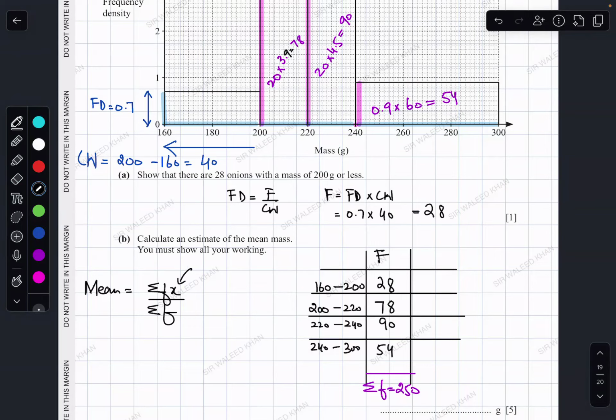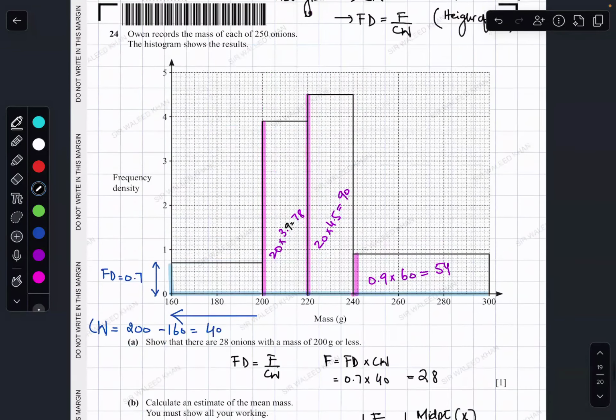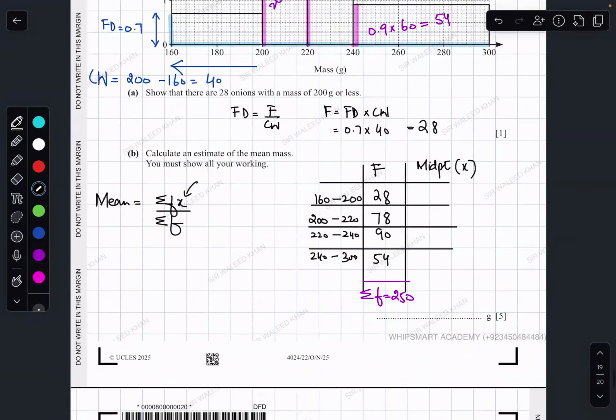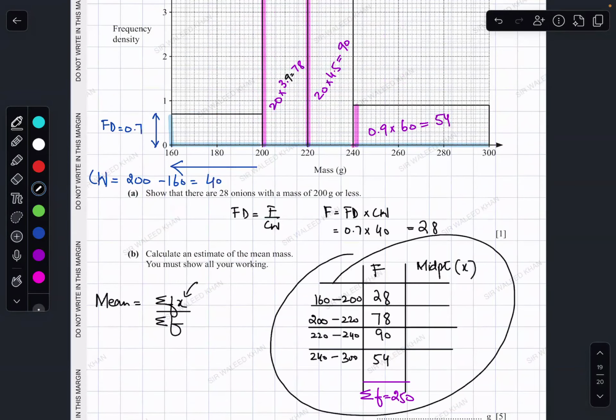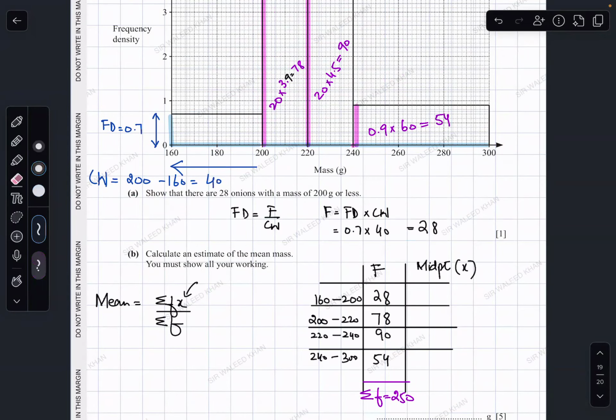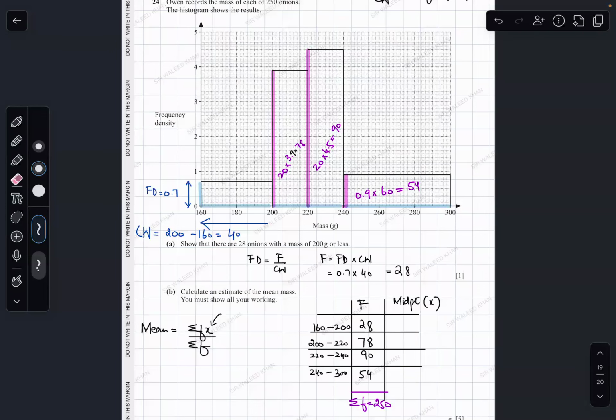Sir, we will find the midpoint. Yes, we use the midpoint as the value of x. Sir, 250 was already given in the question. That's fine, I'm just telling you in case we don't have that. Everything can happen directly just by looking at the graph. If somebody gets confused, you can derive this data in the form of a table. Is that clear?